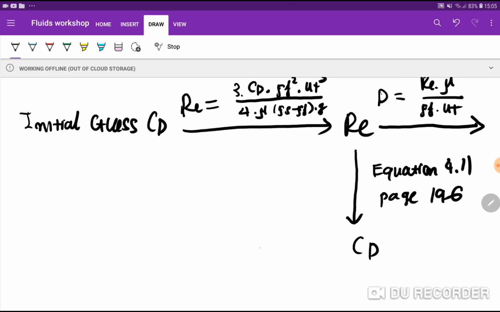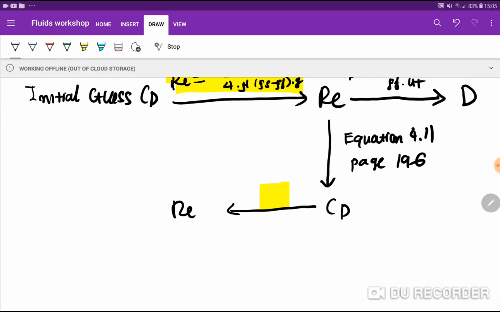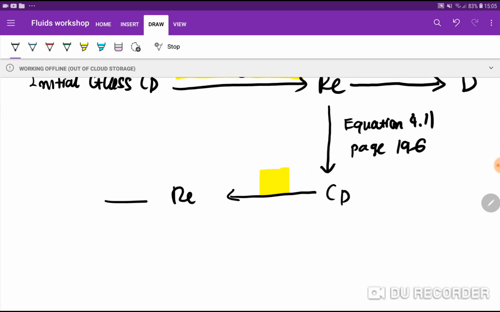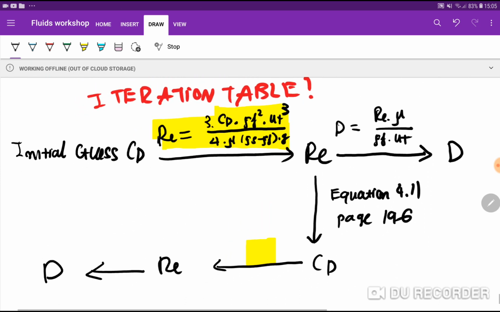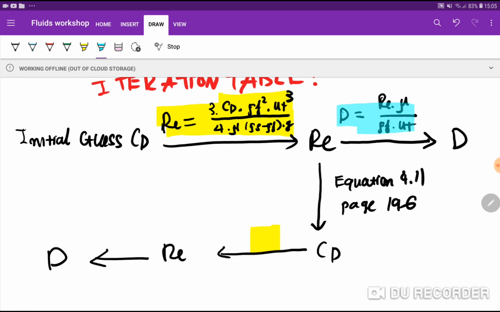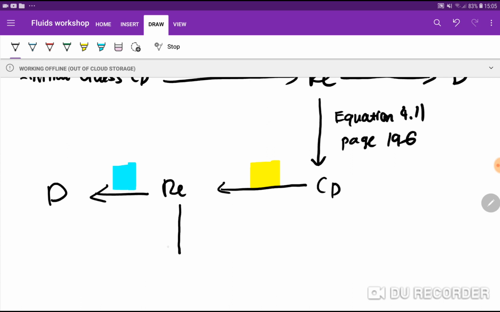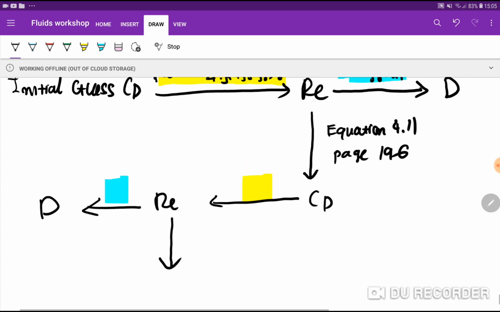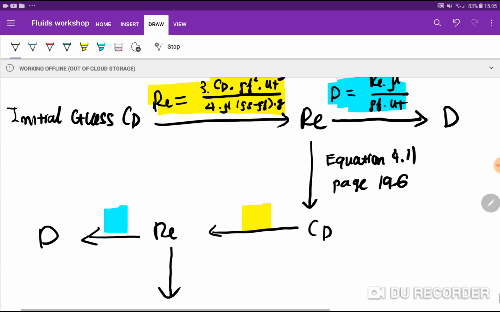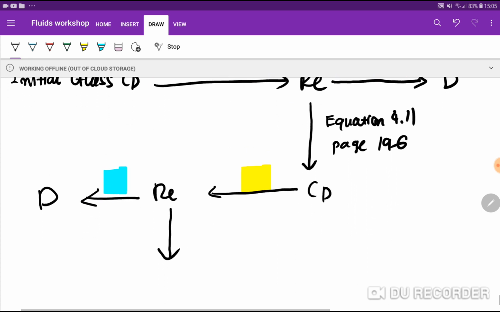So you're going to find the Reynolds number again using this equation, the yellow equation. From the Reynolds number, you're going to solve for the diameter using this blue equation. And then from the Reynolds number, you're going to solve for the drag coefficient again. Yeah, you see the deal. You're going to keep doing this.